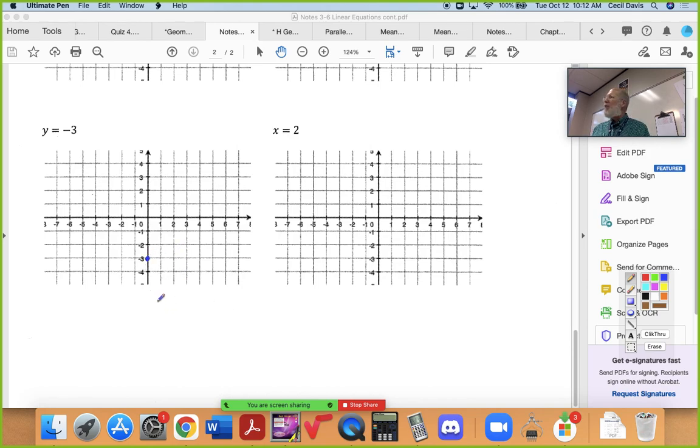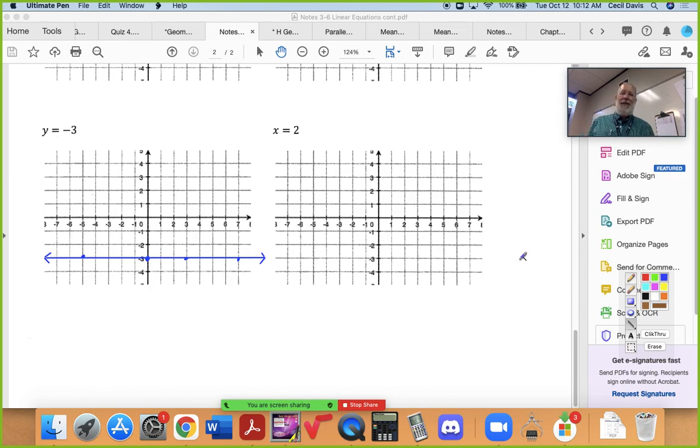And all other places where the y-coordinate's negative 3. Doesn't matter where they are. Any point where the y-coordinate's negative 3. That's what this equation is telling you, is that the y-coordinate is negative 3. If you have a y equals graph with no x's in it at all, it's never going to go through the x-axis.